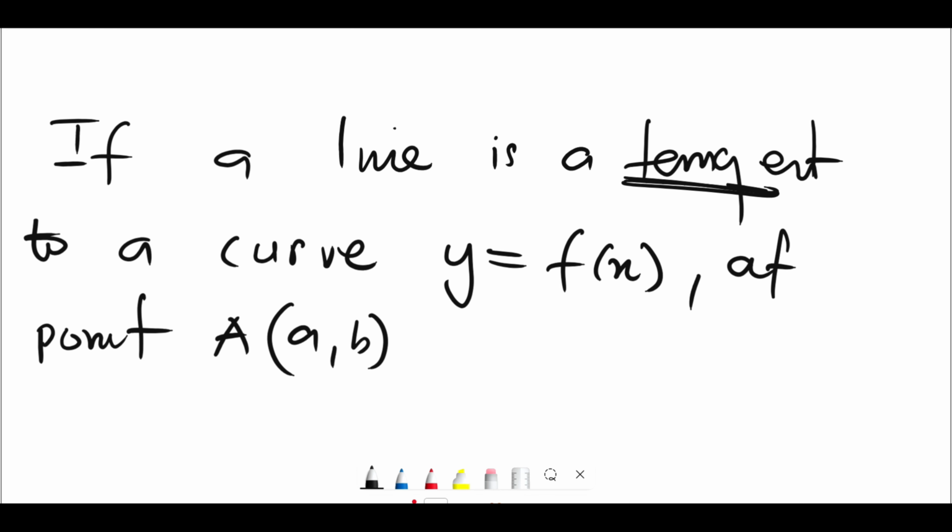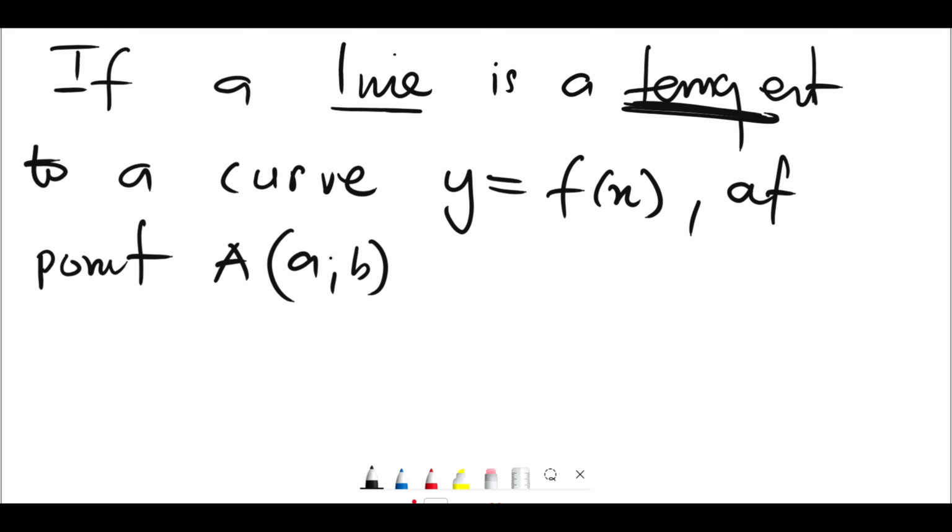This is the idea, this is what you should focus on. If a line is a tangent to a curve y is equal to f of x at point (A, B), how do you determine the gradient of the line? That's what we want to know.